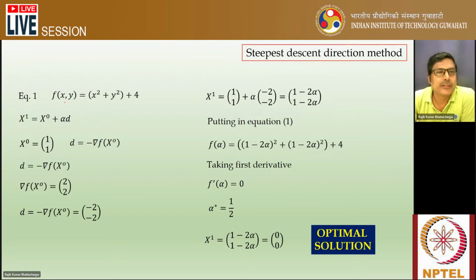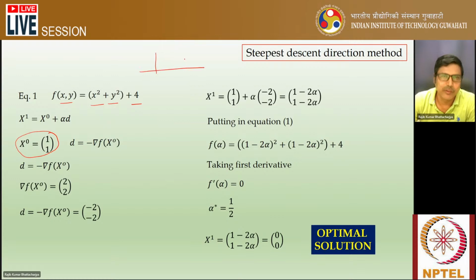This is a function of x and y: x squared plus y squared plus 4. And this x naught is basically a user defined value. That means the user has to give a point. Suppose I take a single variable function, with x on this axis and f(x) on this side.